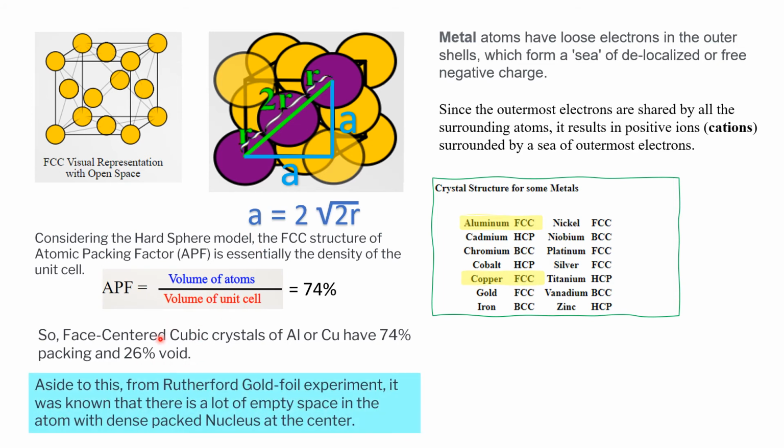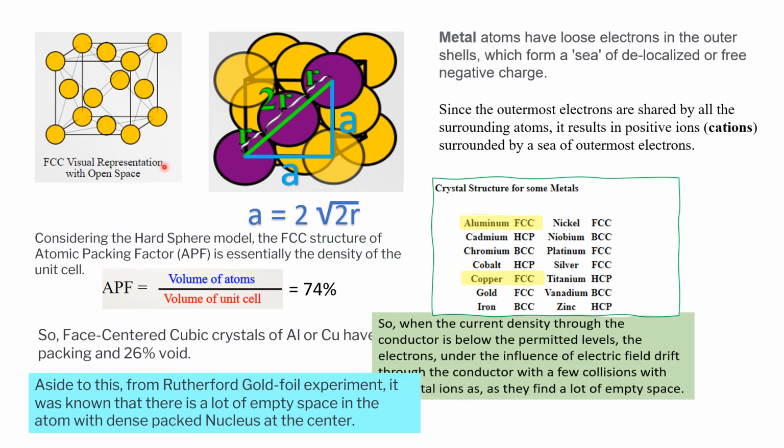Aside from that, we also know from the earlier century, the Rutherford gold foil experiment, that there is a lot of empty space within the atom, because the nucleus, which contains protons and neutrons, is densely packed at the center. That is why the electron beam was going through the gold foil.